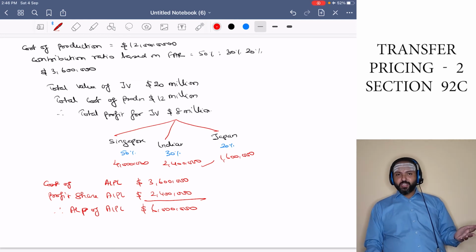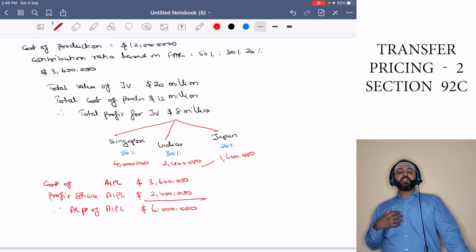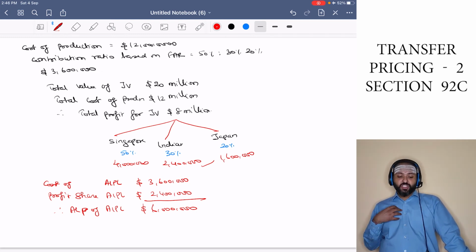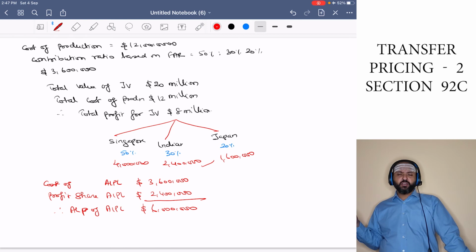Okay, so what is the meaning of this? From this joint venture, AIPL should get a revenue of $6 million. So, how did we find that out? We took the total value of the particular venture, we reduced the cost of the venture, and we arrived at the profit from the venture. Okay, the profit is $8 million. Up to this, it is plain mathematics. Now, the question tells that based on the agreement, the contribution ratio is 50%, 30%, 20%.